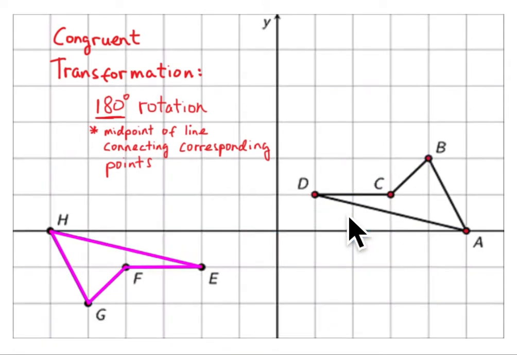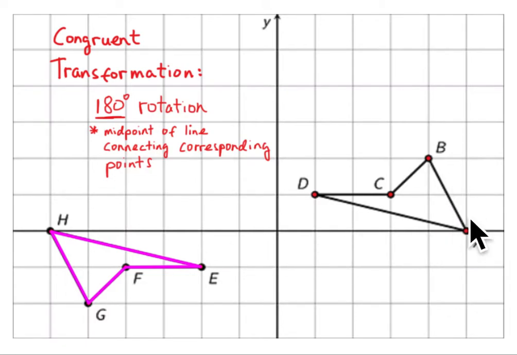So let me just go back for a second. This line segment right here is parallel to its corresponding line segment. This line segment EF is parallel to its corresponding line segment, which is CD. This line segment FG is parallel to this line segment CB, and this line segment GH is parallel to this line segment AB.